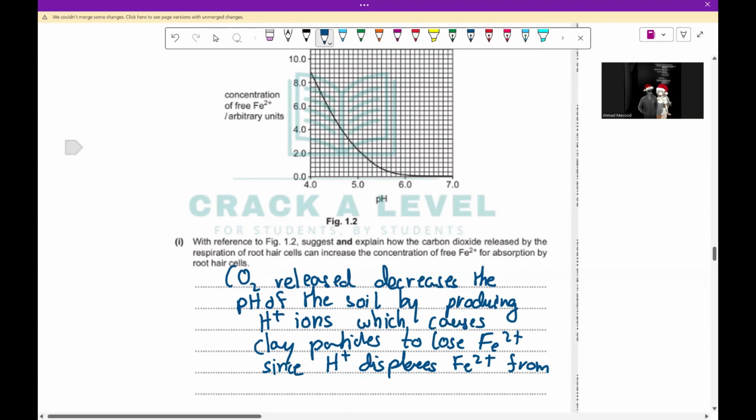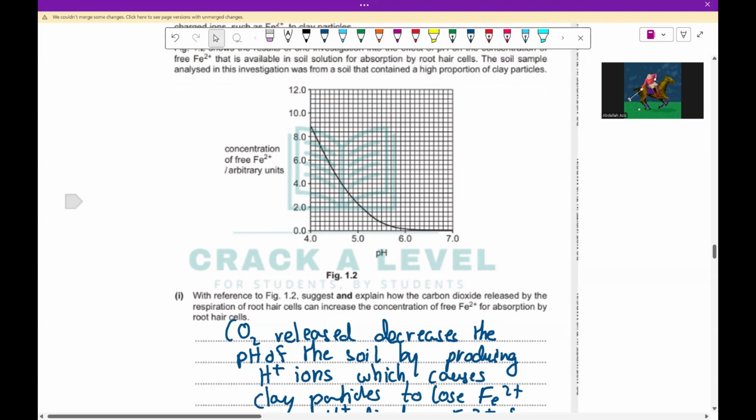Bro, how does carbon dioxide produce H plus ions? Basically, pH is a measure of the concentration of H plus ions.